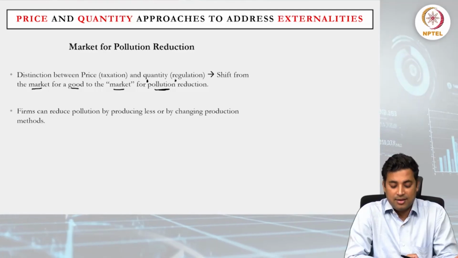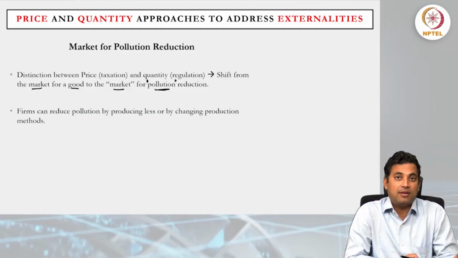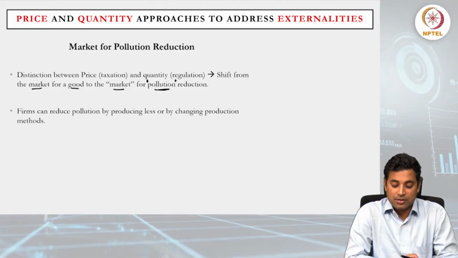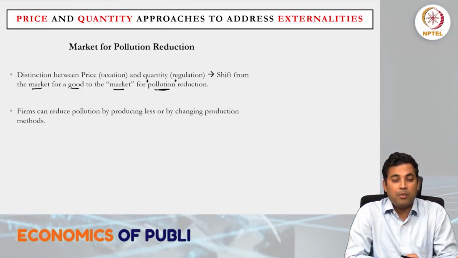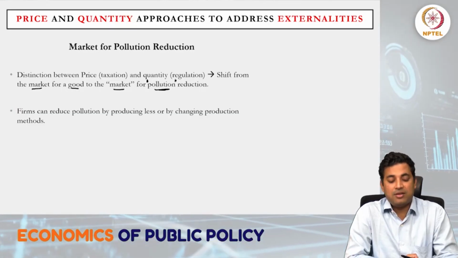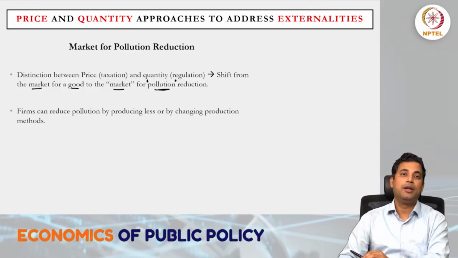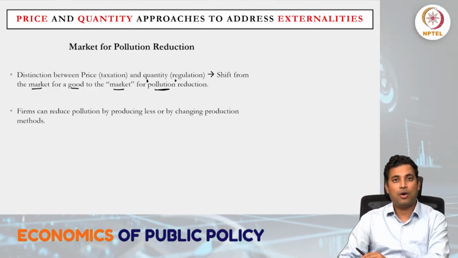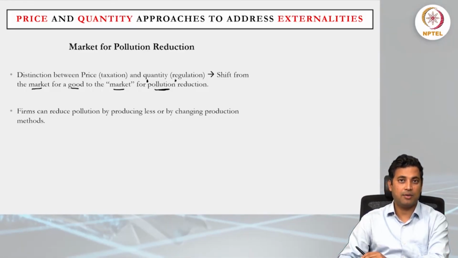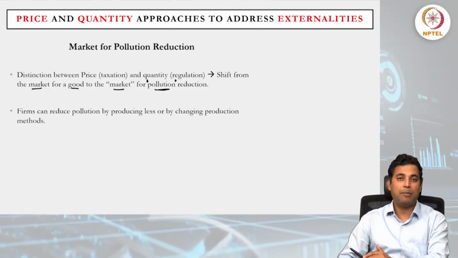As we already discussed, if taxation is imposed, or payment is involved in case of private solutions, and taxation in case of public solutions, then the firm will try to reduce production, or change production methods, like introducing new technology or new machinery or equipment which can actually reduce the pollution level, and then the producers or the firm will pay less.